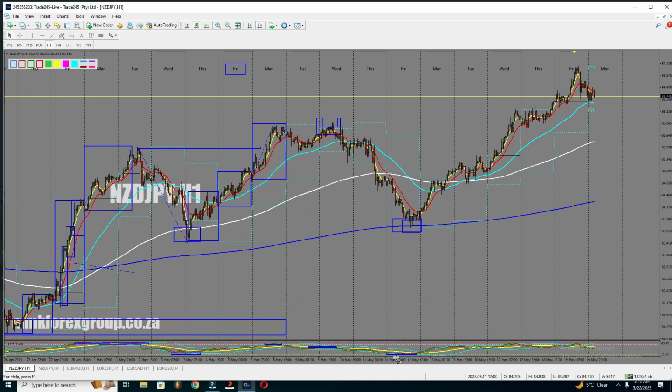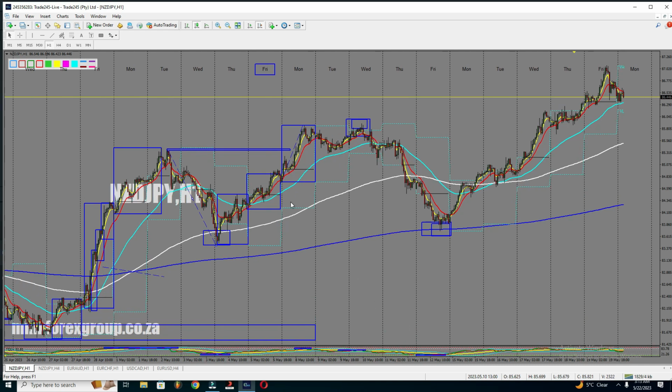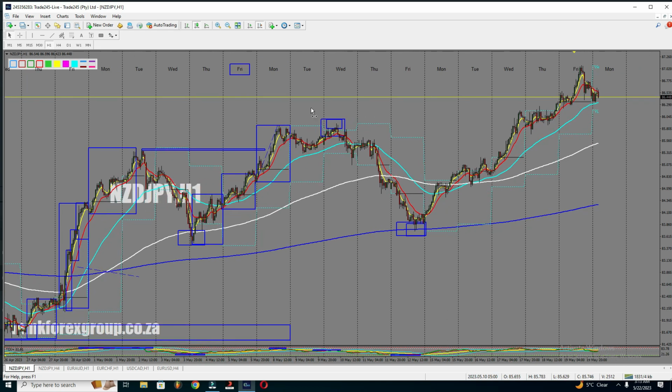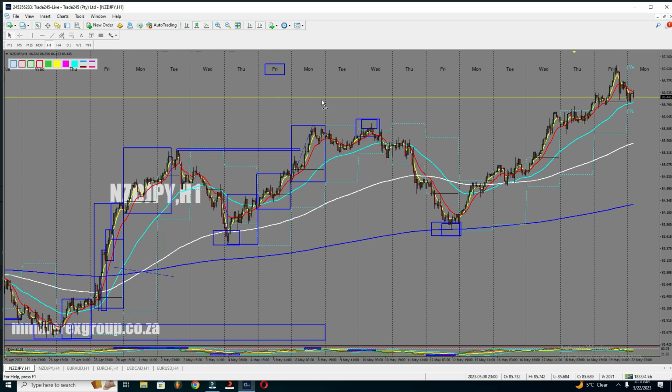So understanding your levels is very important, and understanding the count, understanding the structure is of great importance. Very, very important, and it will help you be in line with the right direction.